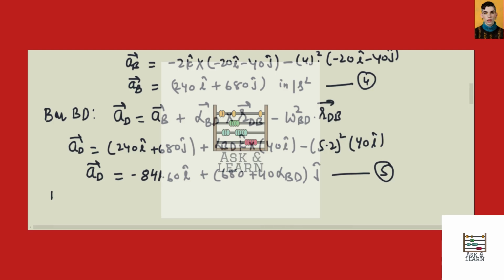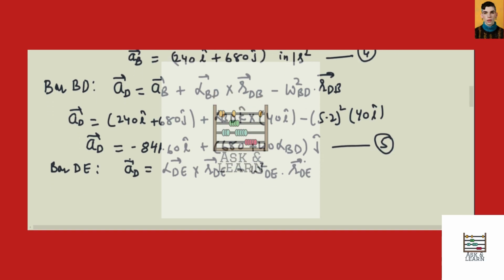Now we have to solve for bar DE. So the acceleration of point D will be alpha DE cross R_DE minus omega squared DE into R_DE.